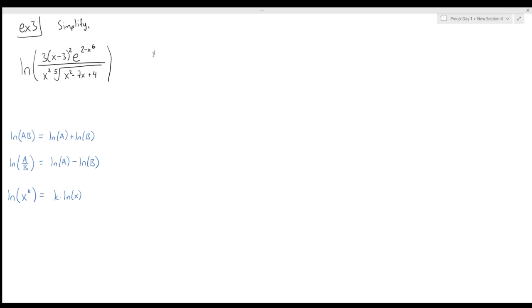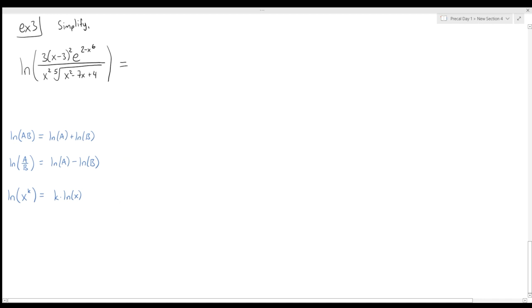So when you have a really nasty expression in your natural log, it'll probably be good to break it apart into a bunch of natural logs using these various properties, okay?